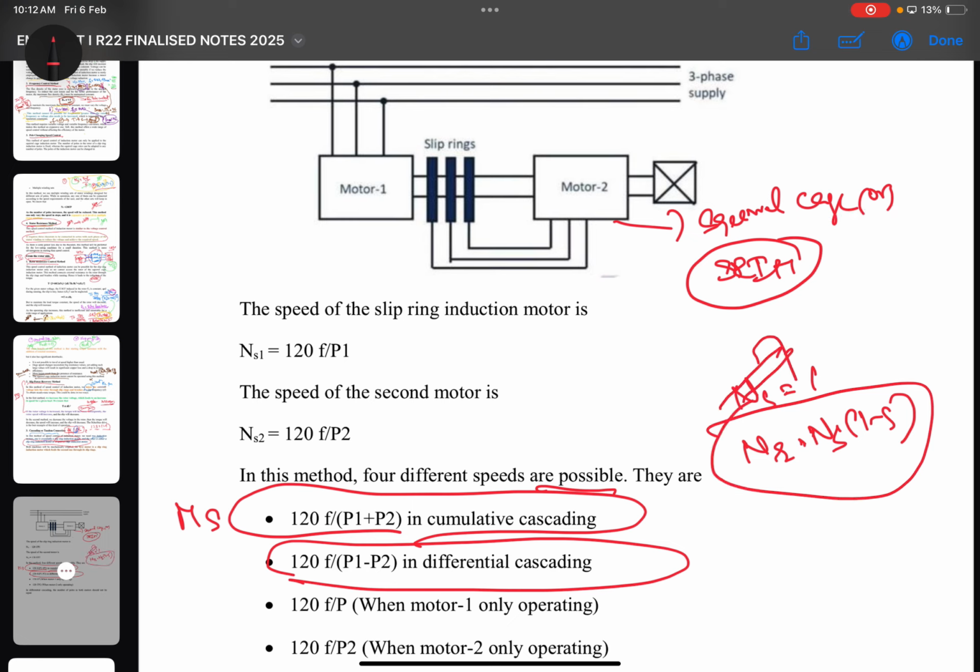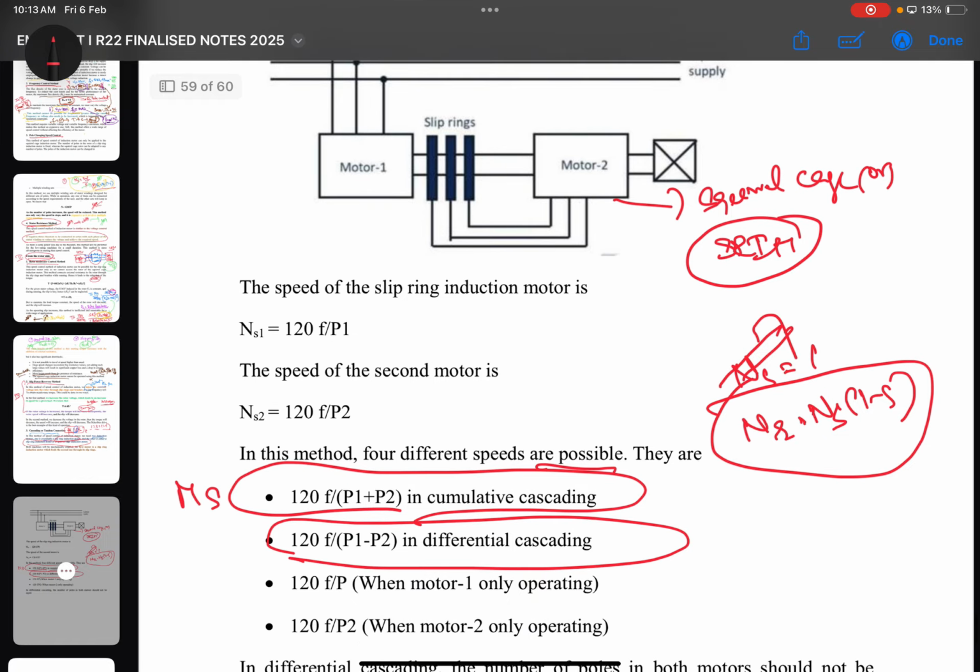When both are cumulatively cascaded, the poles add. When both are differentially cascaded, it is 120F by (P1 minus P2). What are P1 and P2? The poles of the first machine and the poles of the second machine. When only motor 1 is operating, it is 120F by P1. Only these two formulas are very important, and you may see them in competitive exams also.